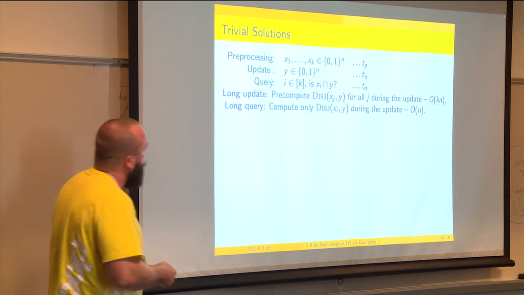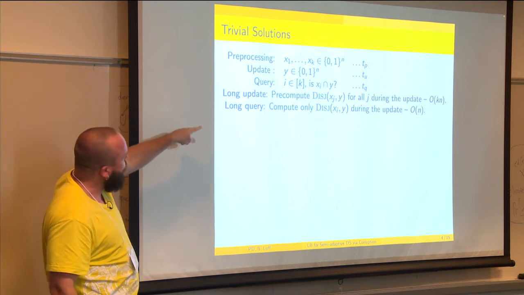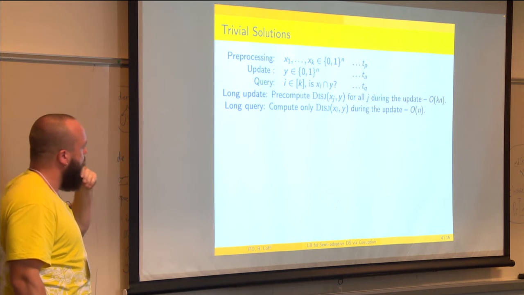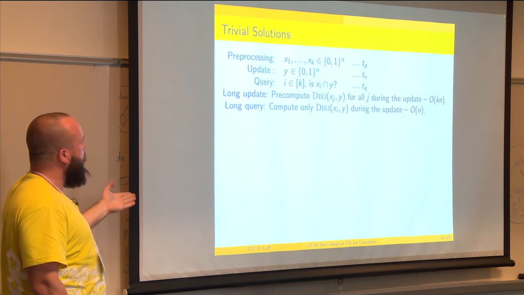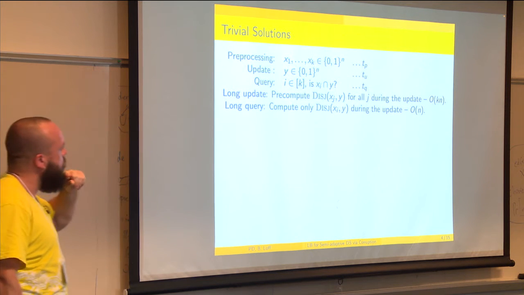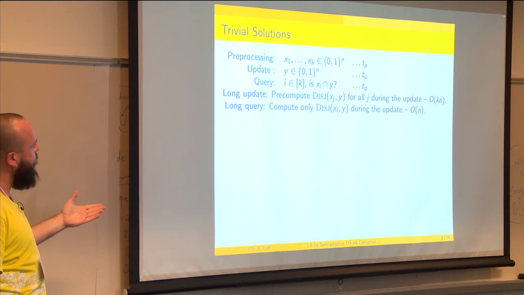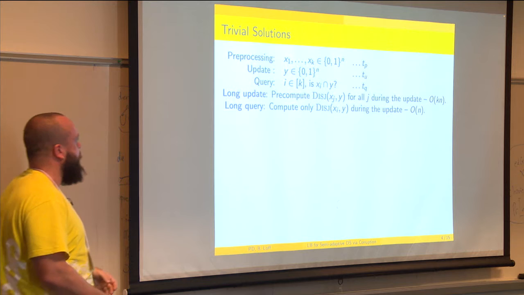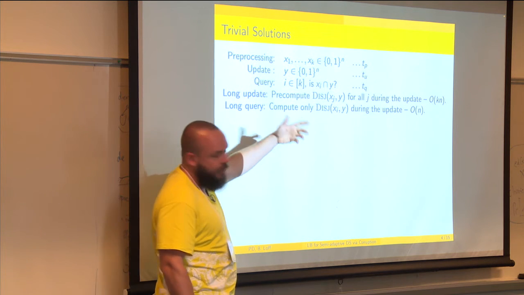On the other hand, the other trivial solution is a long query, which says that we compute the disjointness of x_i and y in the time of the query, and we need to basically read the bits of x_i to answer that query.